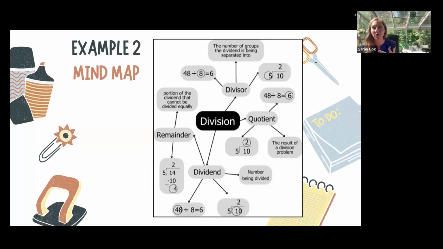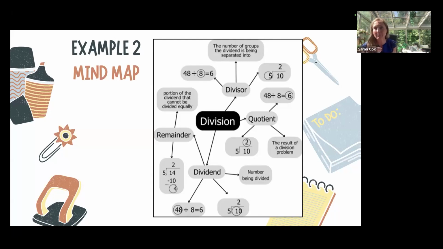And this is how he was helping himself take that internal thought process and make it more of an external idea of what this visual model looks like in his head, and how we are connecting these different concepts to help him remember what these things were.